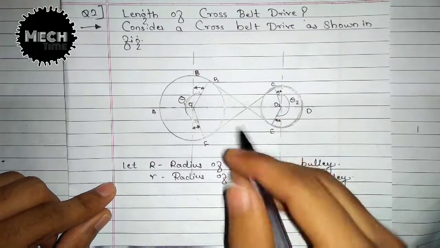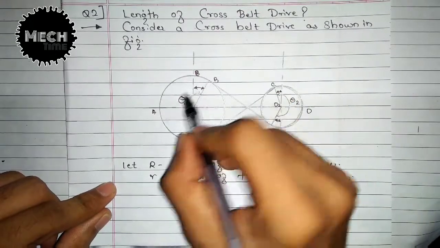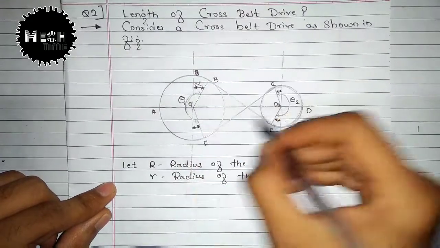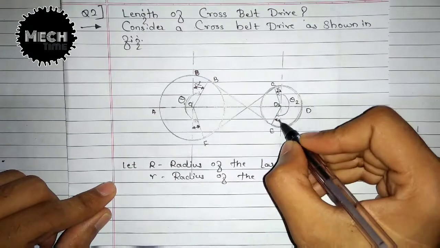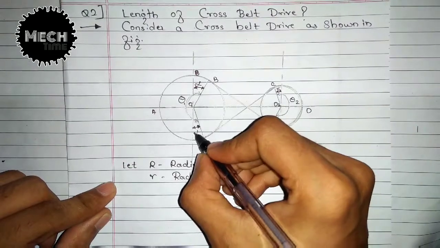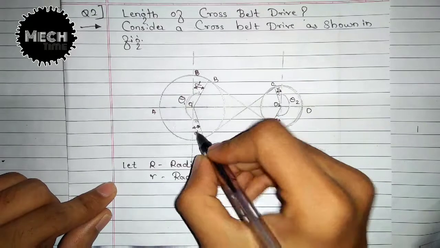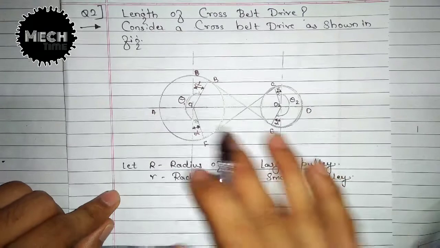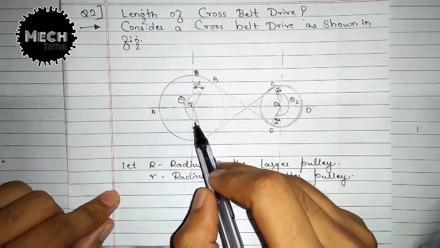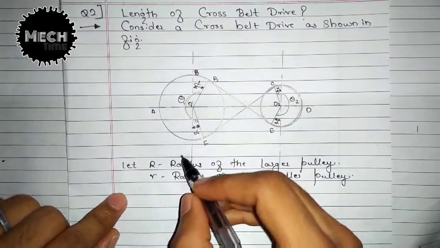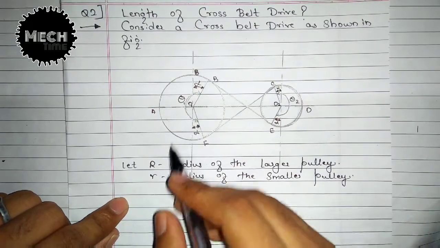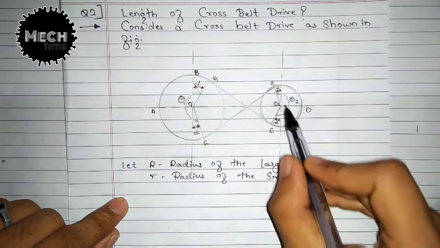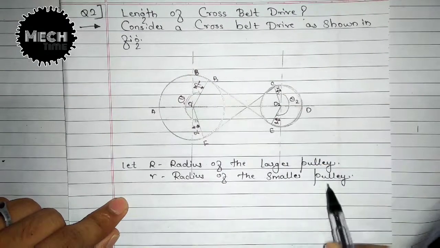As in my last video, where I found the length of the open belt, this angle is alpha. This is also alpha, this is also alpha, and this is also alpha. Due to the symmetry, both sides will have the angle alpha. Also, the bigger pulley radius is denoted by capital R and the smaller pulley radius by small r.